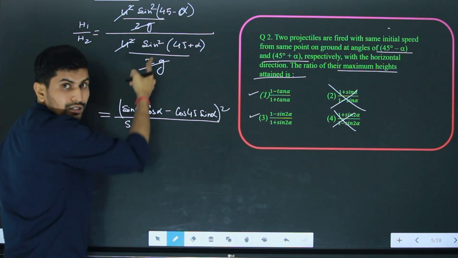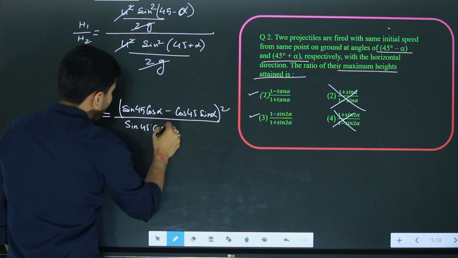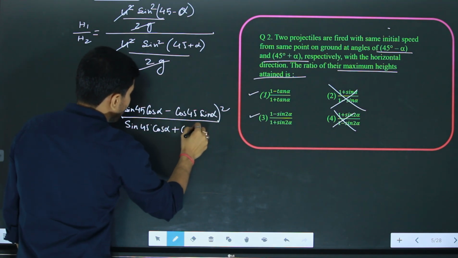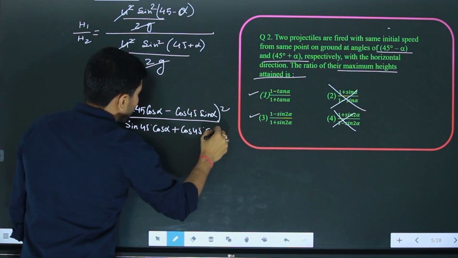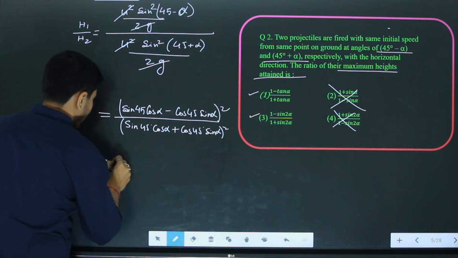Similarly, I will expand the denominator term: sine 45 cos alpha plus cos 45 sine alpha, again with a square.